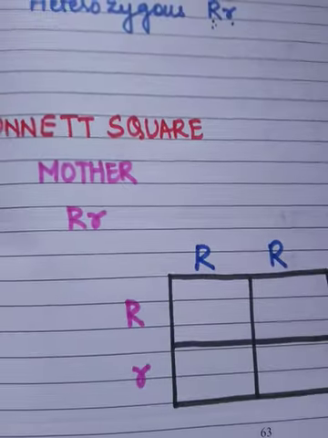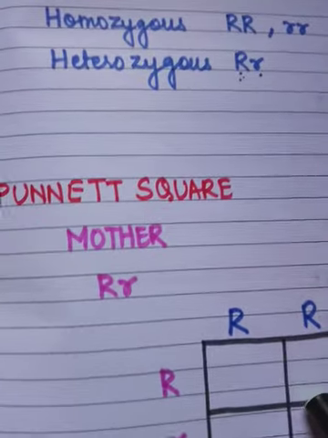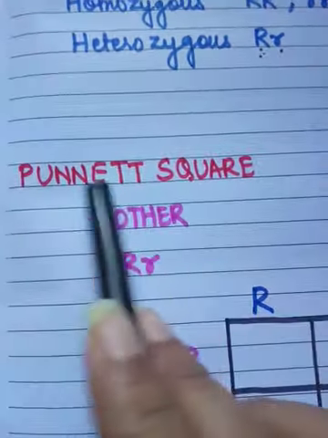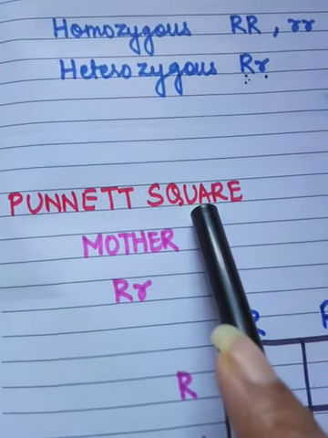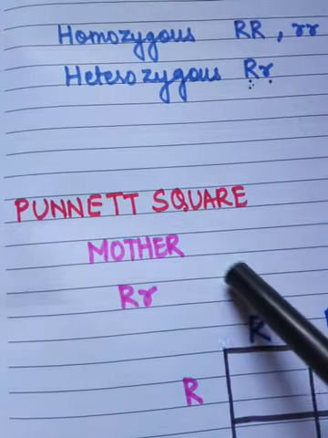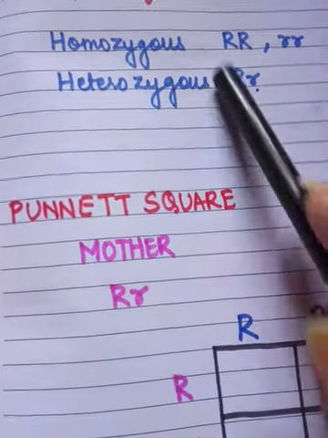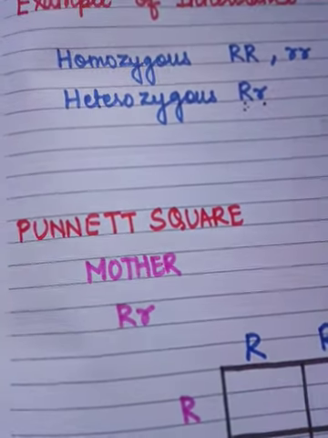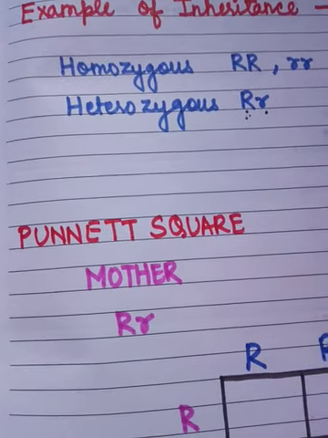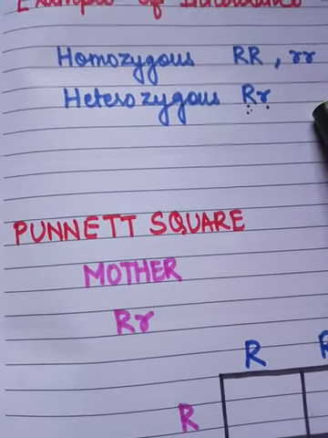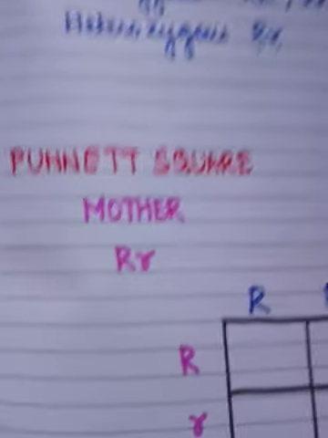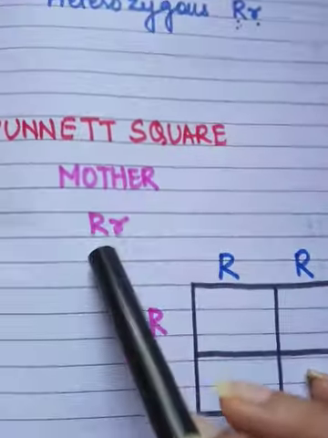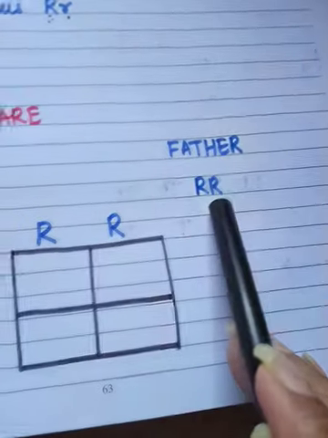For checking this, we have a special simple diagram which is known as the Punnett square. What is a Punnett square? It is a simple diagram in which the different types of gametes of one female parent are placed along one side of the square. You can see here, the mother is containing this and the father is having this.